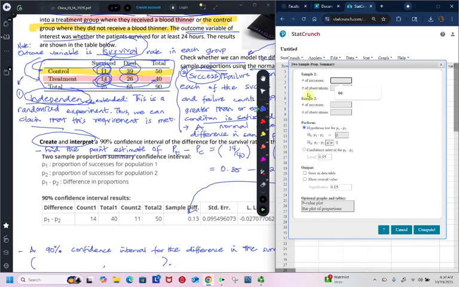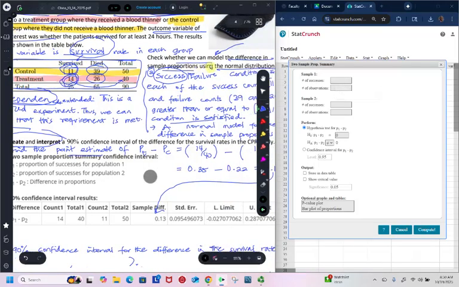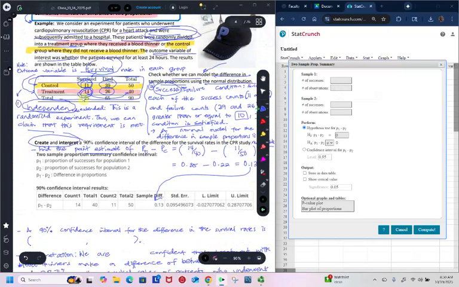For the purpose of this class, I'm going to key in the treatment group first. This is purely based on choice. You can always key in the control first, but I want treatment before control.